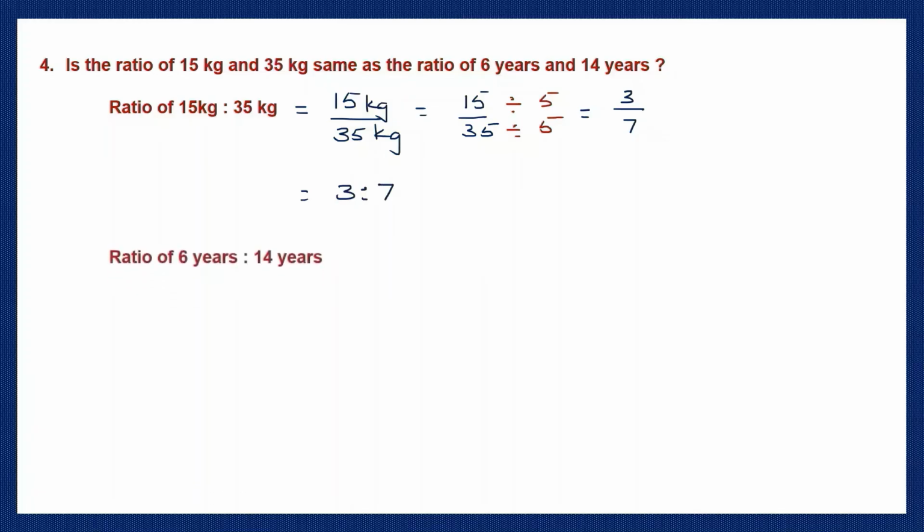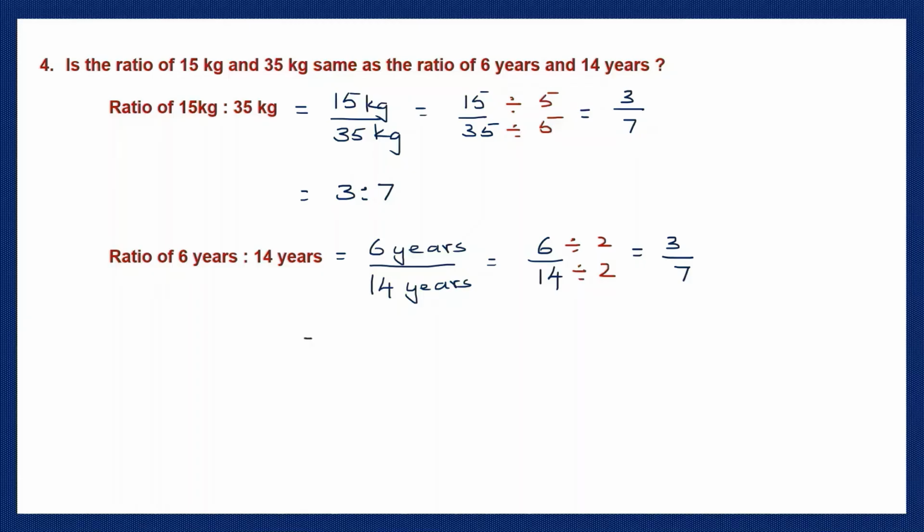Now let's see if the other ratio is the same. What is the ratio of 6 years to 14 years? So let's work that out. So 6 years by 14 years. Then we write it as 6 by 14. We divide both by a common factor. In this case, it is 2. And let's see what we get. 2 3s are 6 and 2 7s are 14.